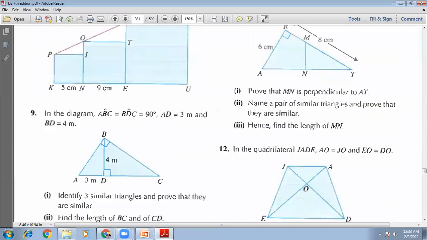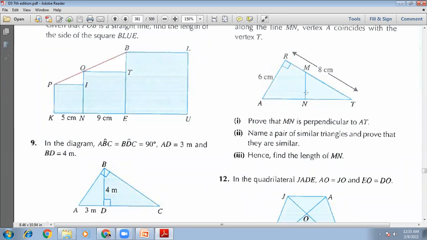Then they ask us to name a pair of similar triangles and prove that they are similar. Okay, I know that this angle is 90, this angle is 90. So I will take this angle. This angle will be the common angle between MNT and ART. So I can very easily prove it, because two angles will be the same, so these two triangles are similar to each other. And then I will be able to find the third part.